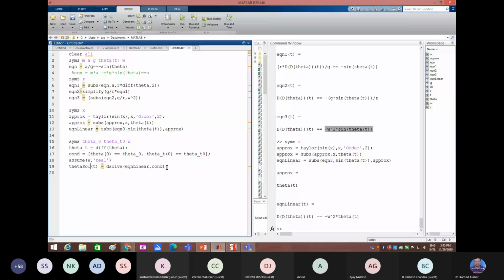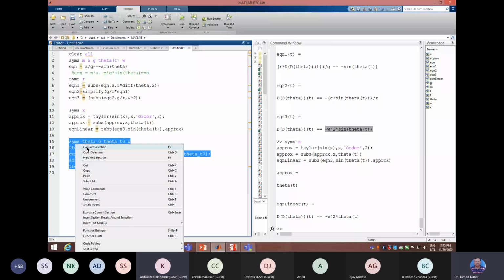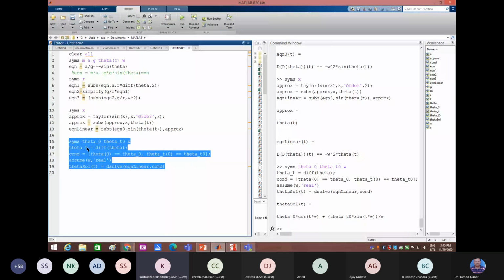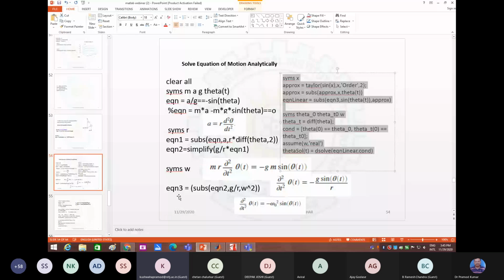This is the solution which we get: theta 0 cos wt plus theta dot 0 sin wt divided by w. This is the solution which we get from here. Now we'll put the numerical values and plot.